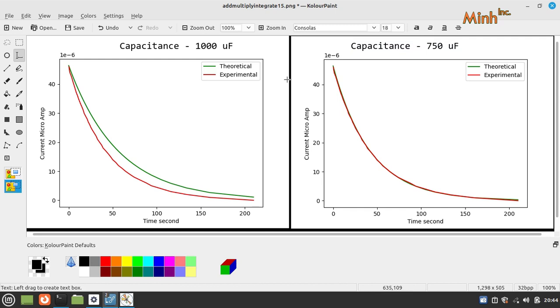So theoretically 750 and practically, so this is amazing.